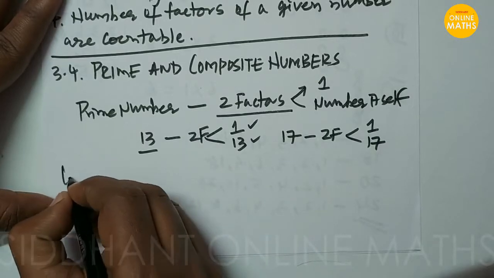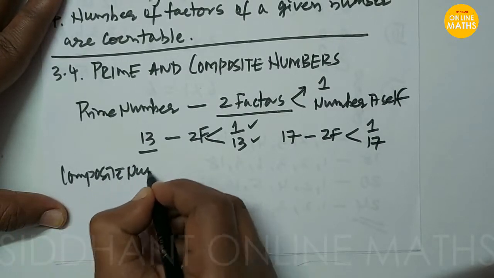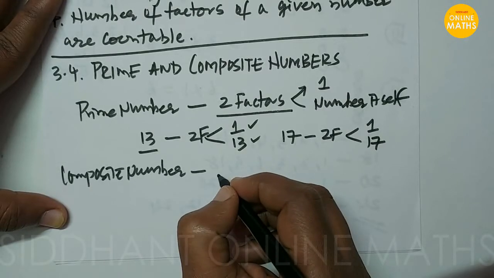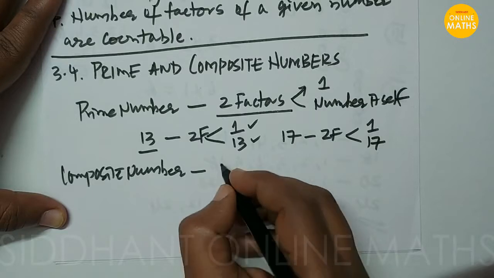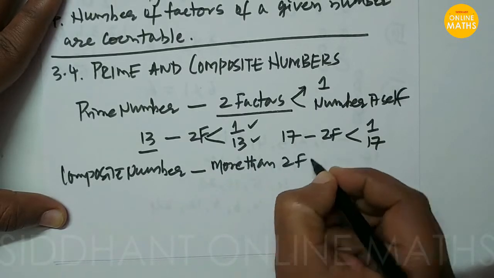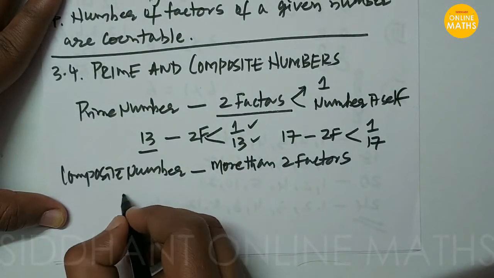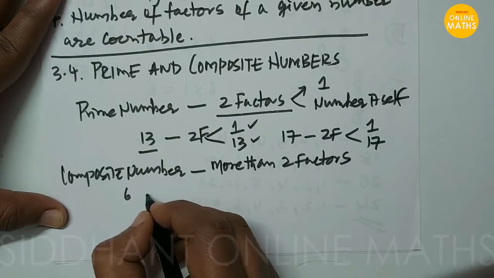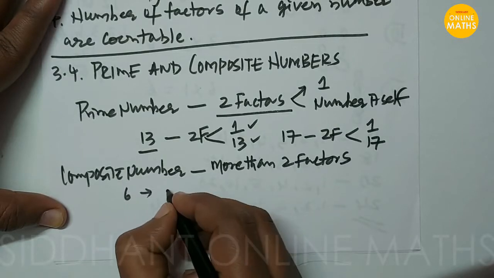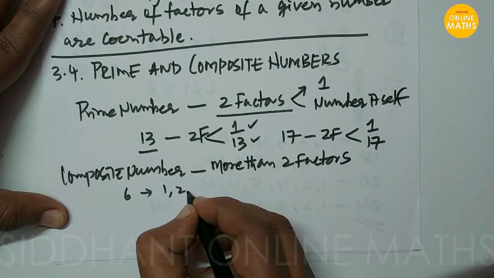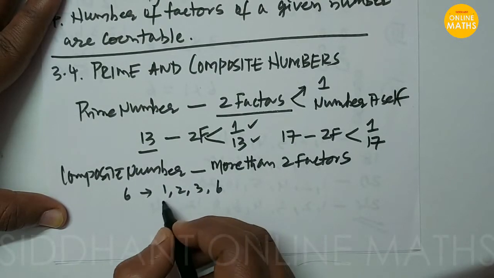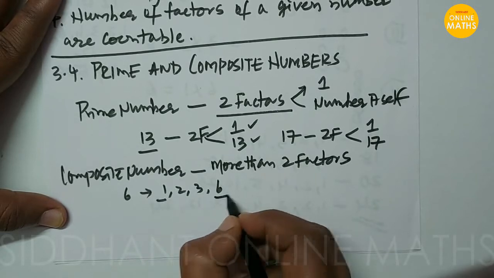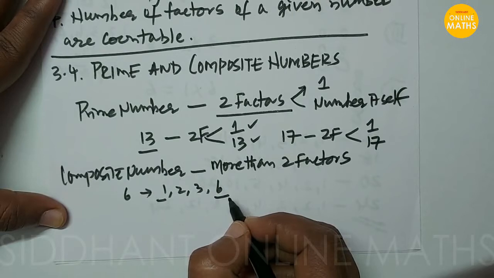Now coming to the composite number, when you have more than two factors, then we can say that the number is a composite number. For example, take 6 here. 6 has the factors 1, 2, 3 and 6. So here 1 is the common factor for all numbers, and the number itself is also a common factor for all numbers.